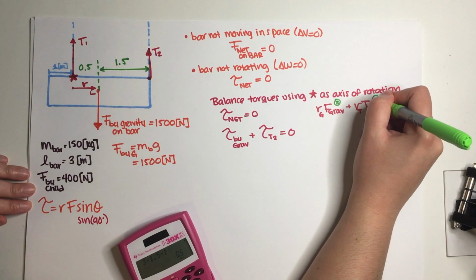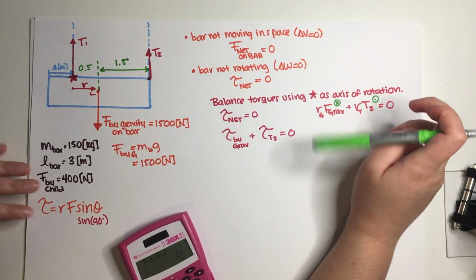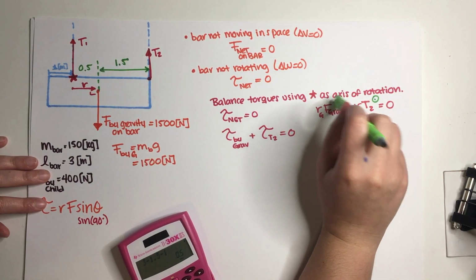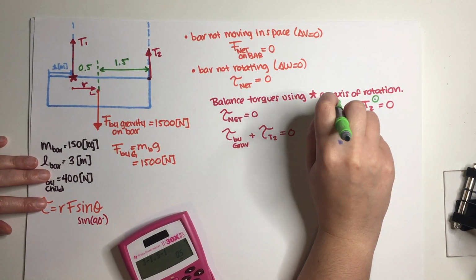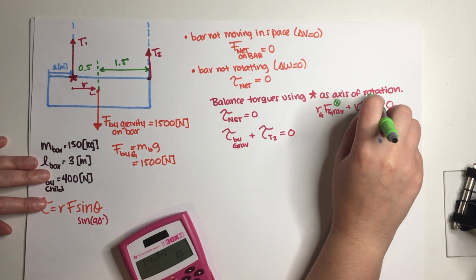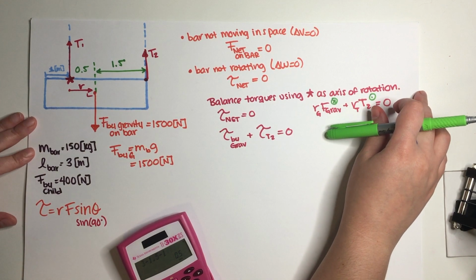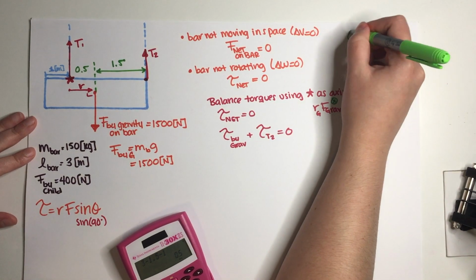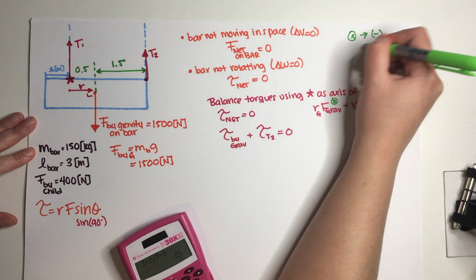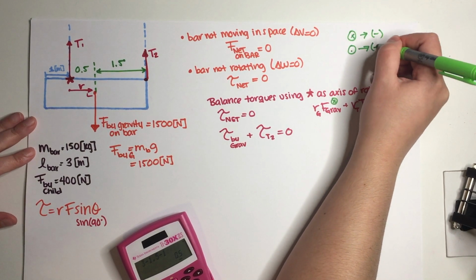So let's just put that as a little dot. Because we have 2 torques and they are going in different directions, we do need to symbolize that by making one of them negative. The usual convention is that into the page is negative, out of the page is positive.